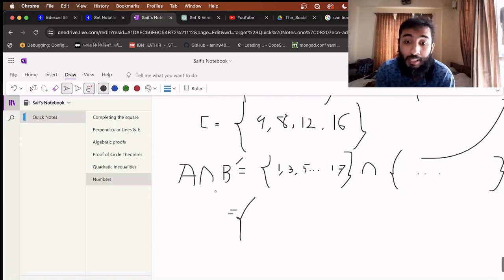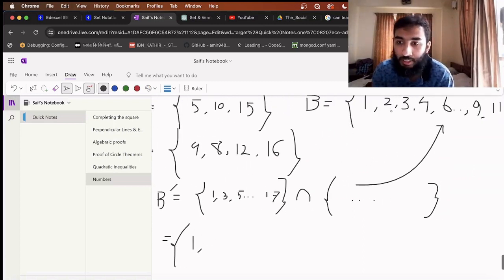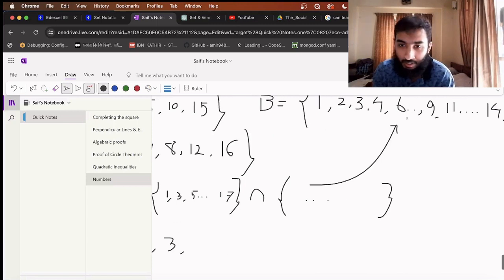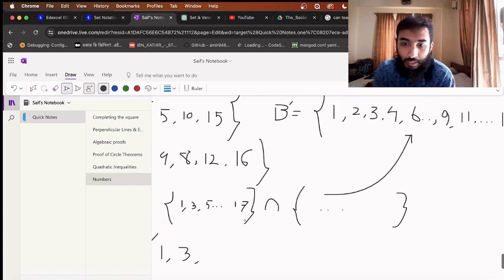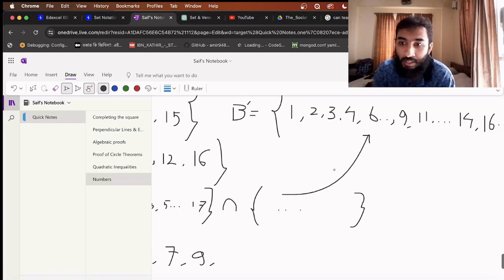So what will be A intersection B prime? 1 is common in both, 3 is common. Now 5 is not in B prime, so since we are doing an intersection, which is common elements, 5 will be excluded. Then 7 is included, we have 9, and 10 will be excluded because 10 is not in B prime.